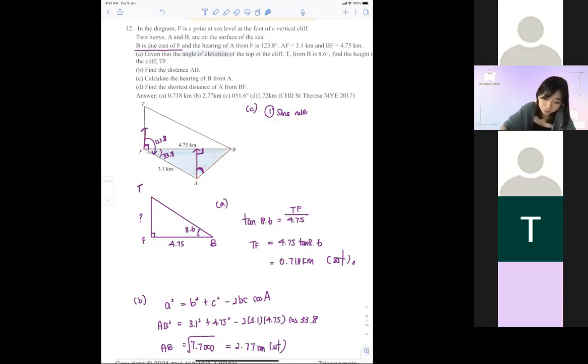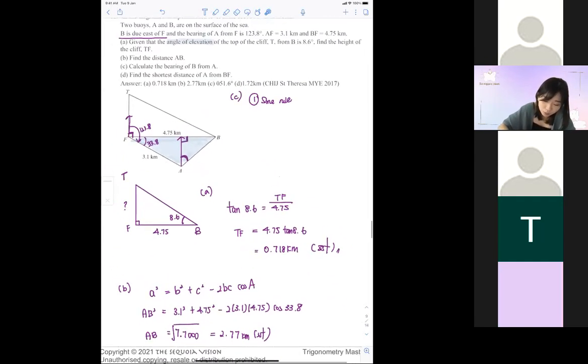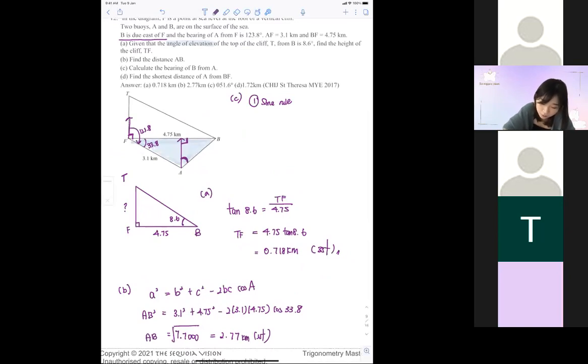I choose the sine rule. So we have sine of angle FBA over 3.1 is equal to sine 33.8 over AB. If it's AB, you must put it in exact form.